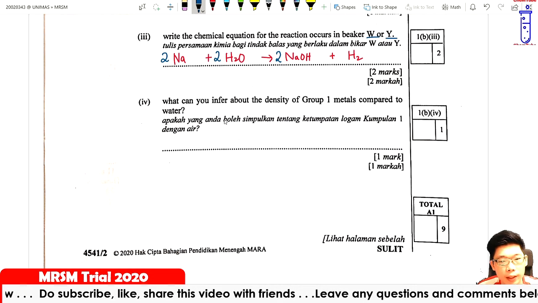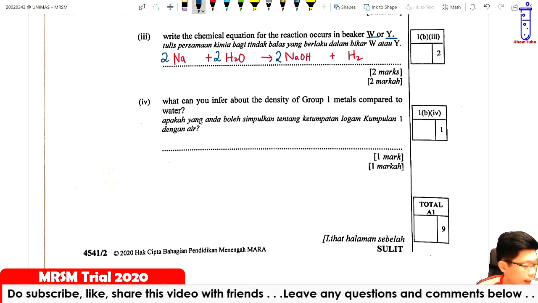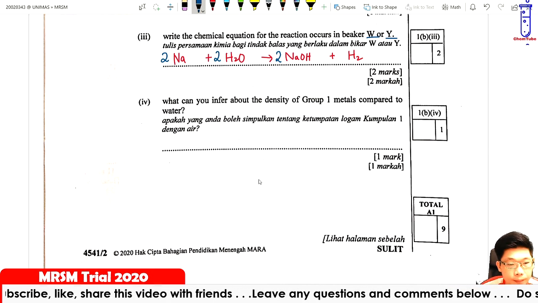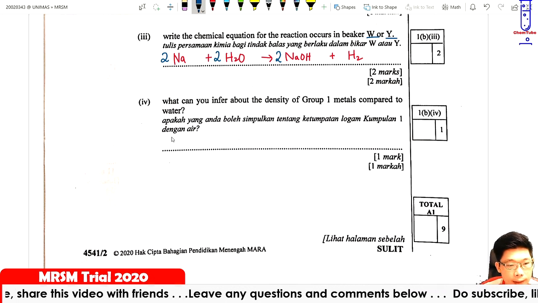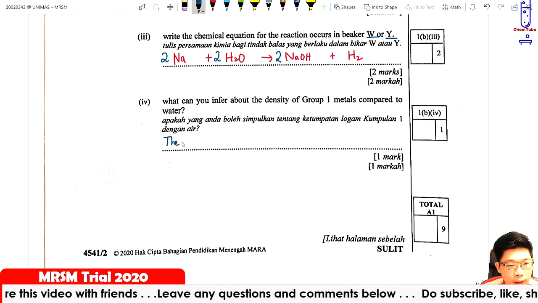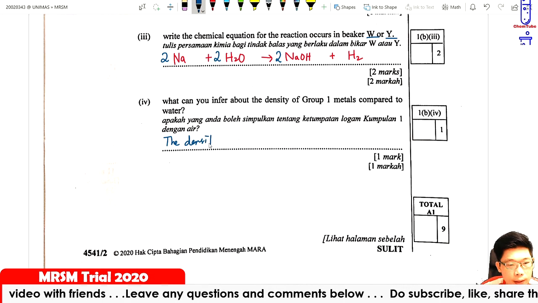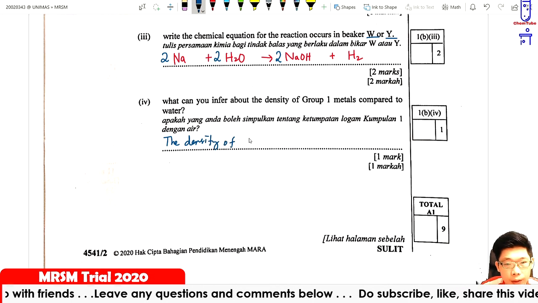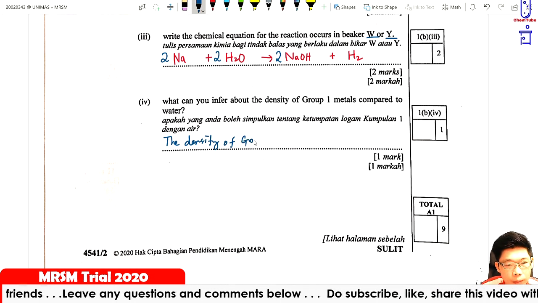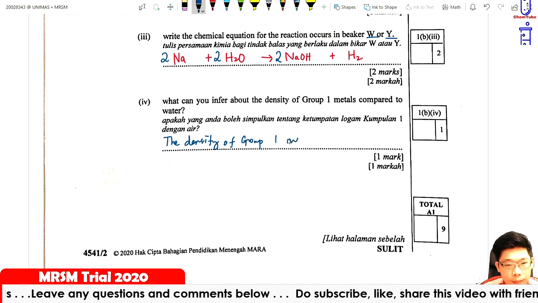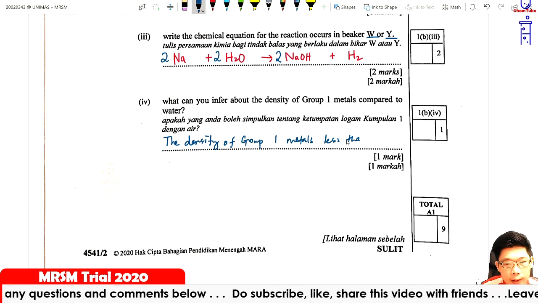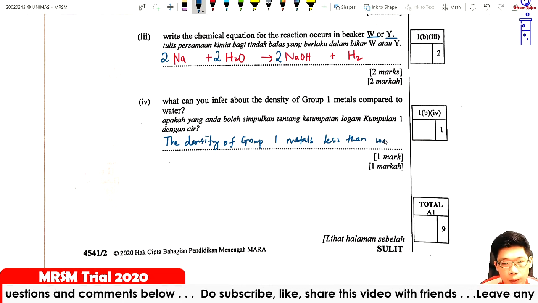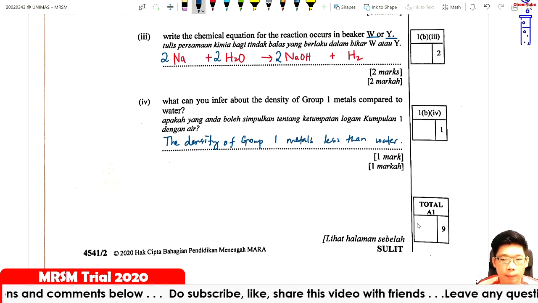Density of group 1 metals is less than water.